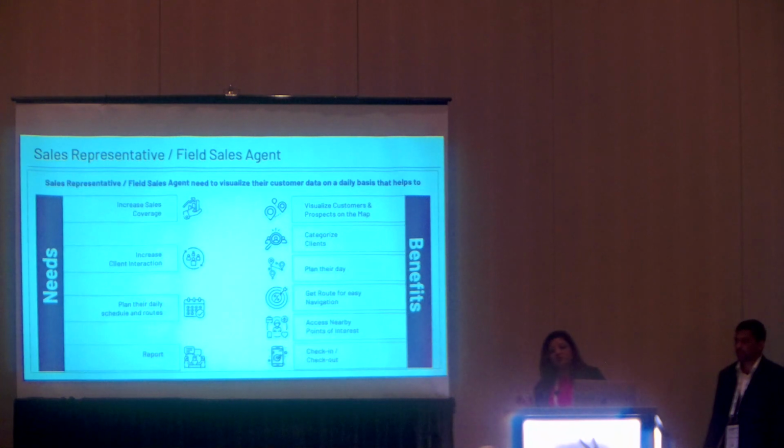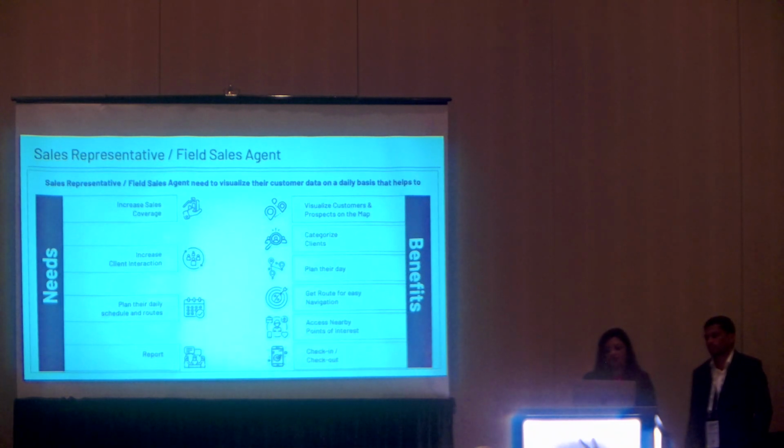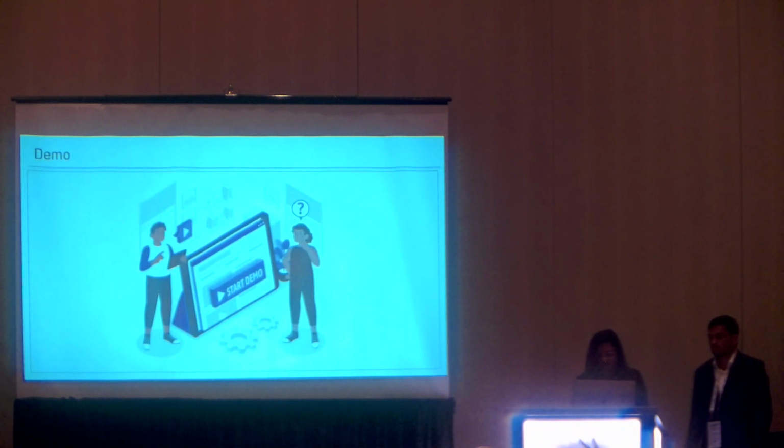And to the right, we have mapped each of the features that will enable the field agent to perform these operations efficiently. So I'm going to give an online demo over here to show you how it covers all of these needs of the salesperson with the features that are available in the application. So let me just switch screens over here.